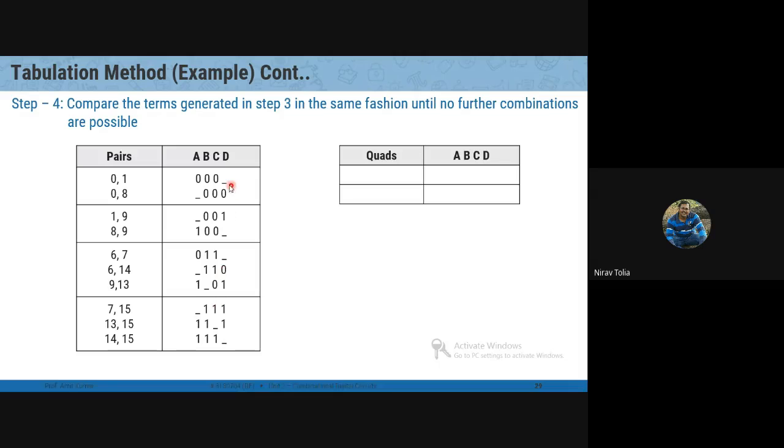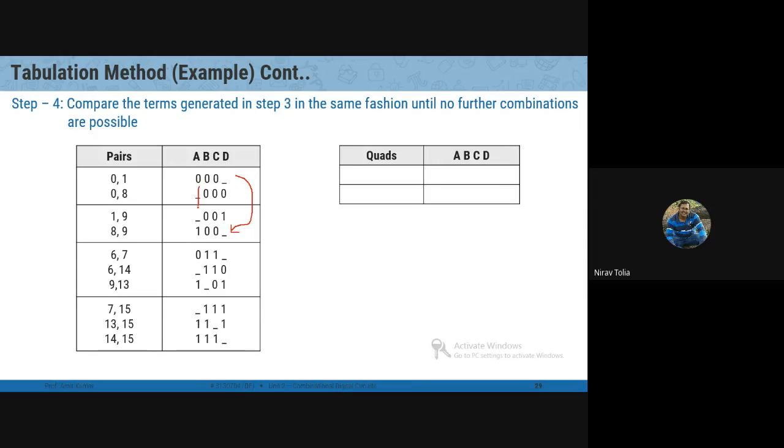So first we can check 0, 1, and the one having the dash in the same position, 8, 9. So we have a dash at the common place, but now for all the other three bits we have to check if they differ by only one bit.